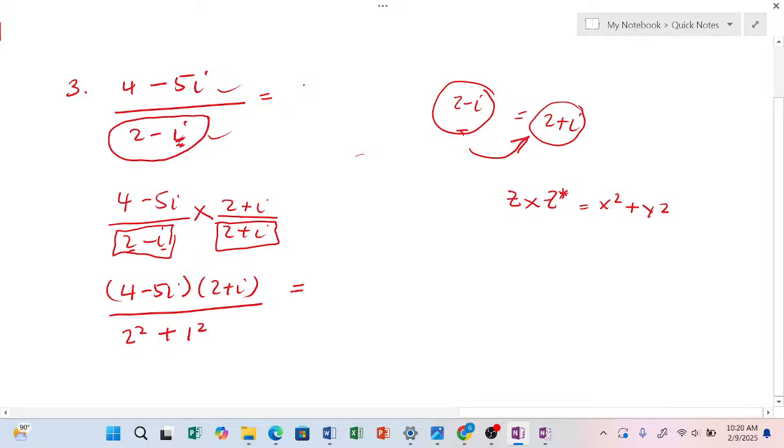So I will multiply and I'm going to get 4 by 2 plus 4 by i minus 5i by 2 plus minus 5i by i, and the denominator is 4 plus 1.